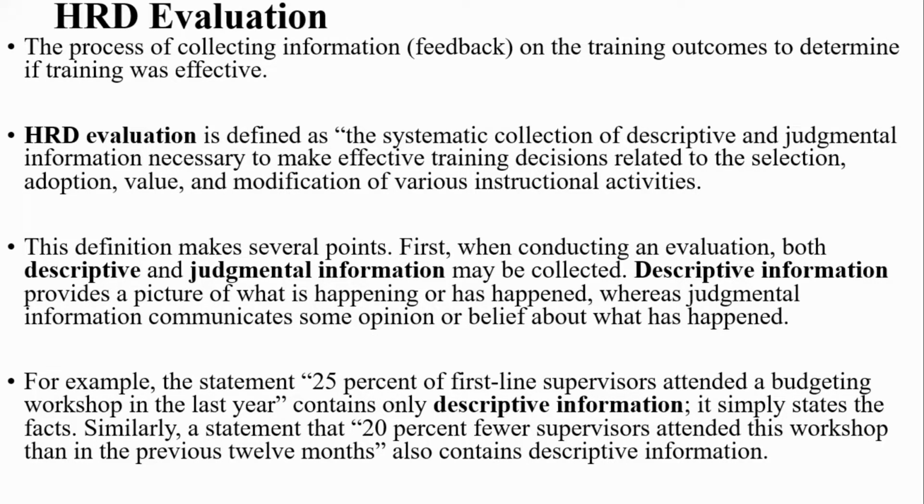Okay, so when we talk about the descriptive information, we expect you to provide a picture of what has happened during the training process. So it is actually a tool that can help you to summarize the happenings during the training process.